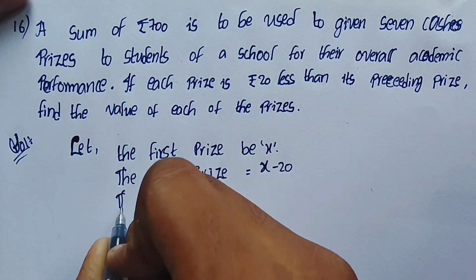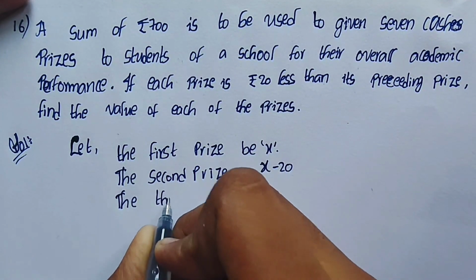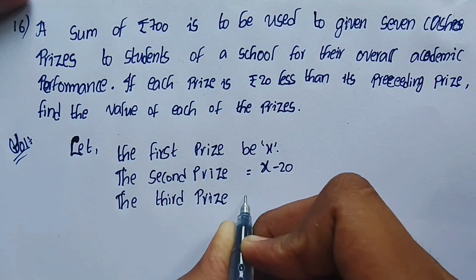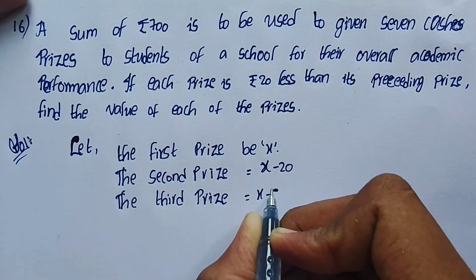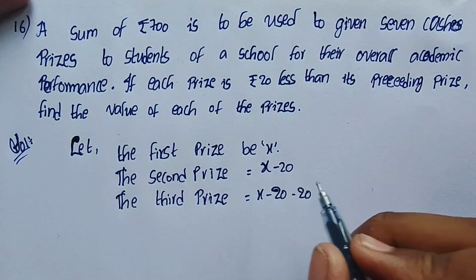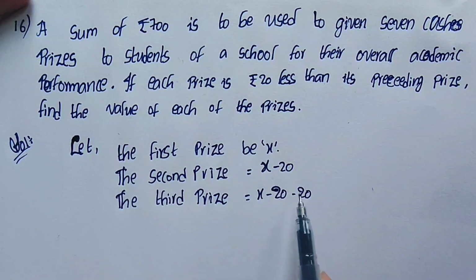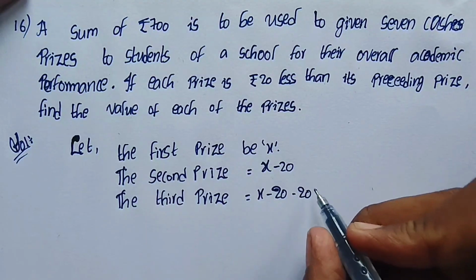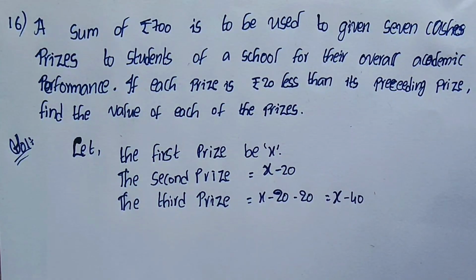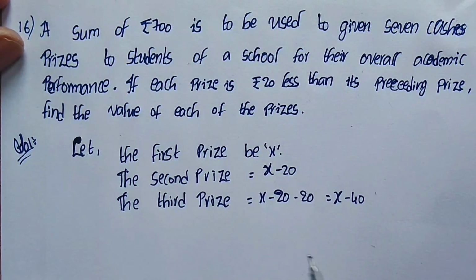After that, the third prize equals x minus 20 minus 20, since the second prize is x minus 20. From x minus 20 we have to decrease 20, so it becomes x minus 40. And so on.